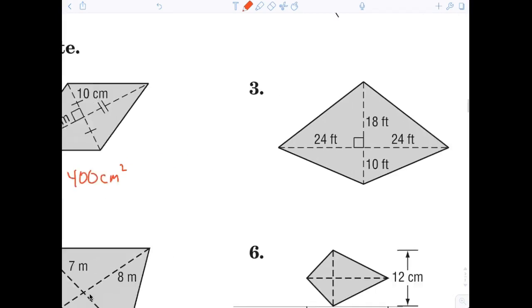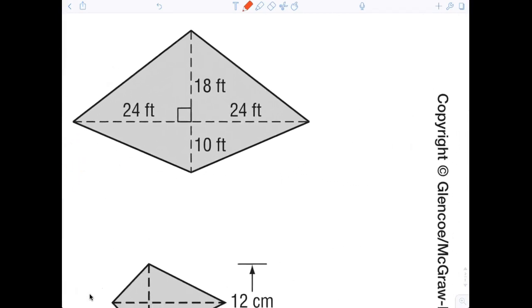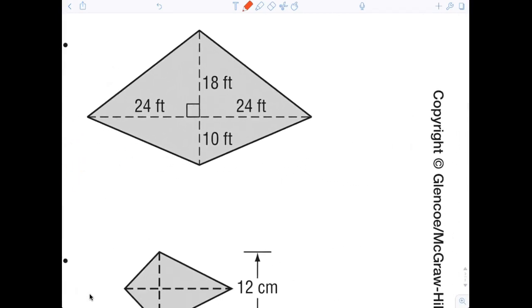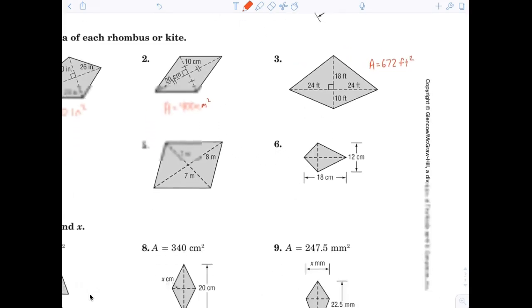Look at question number 3. Area is how much? Here we go.